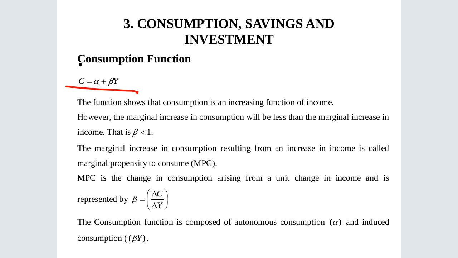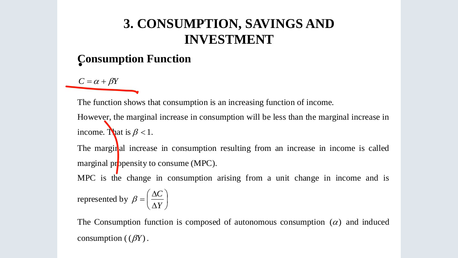And the beta is what we refer to as the marginal propensity to consume, which simply shows the increase in consumption as a result of an increase in income.